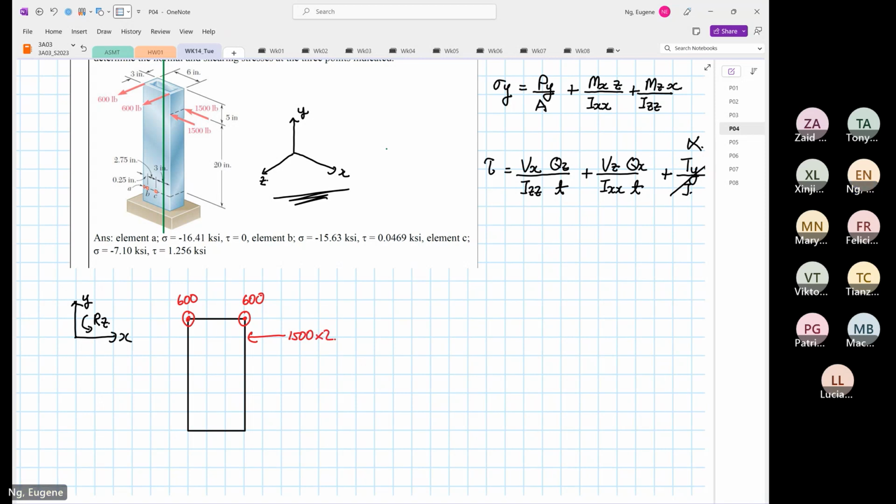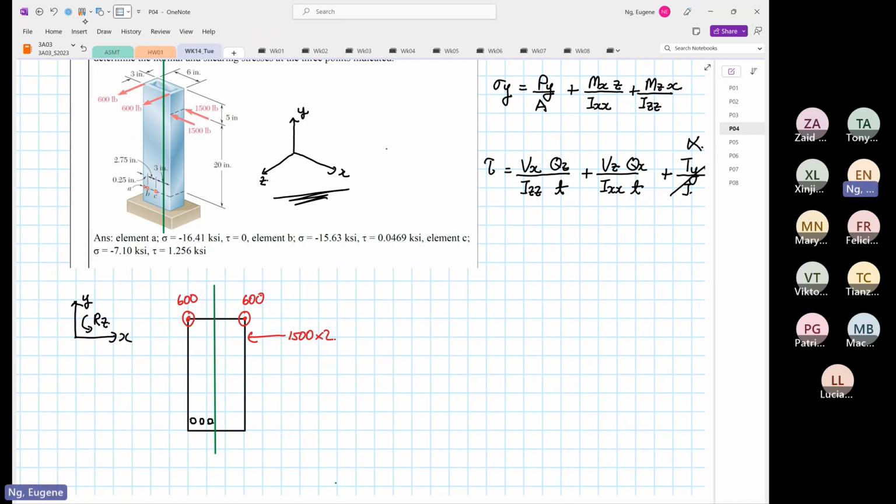The element of interest is just a sketch A, B, and C. And the centroid that is important is here. Right.